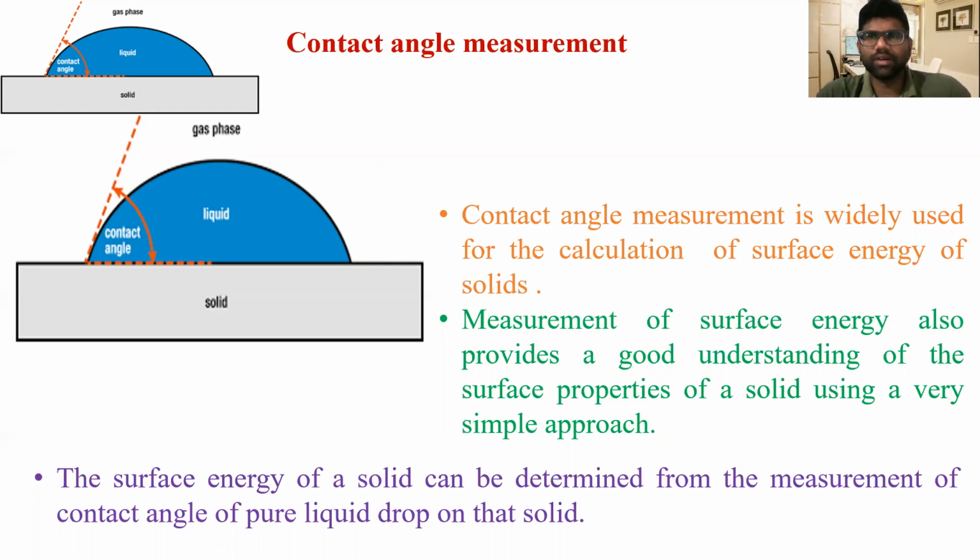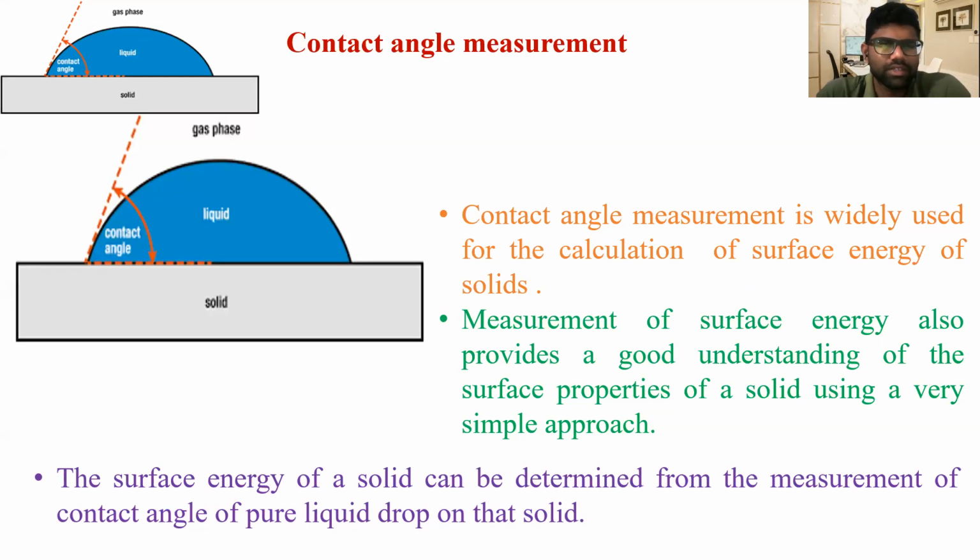Contact angle is widely used for the calculation of surface energy of solids, and it provides a good understanding of surface properties of the solid by using this simple approach. Surface energy of a solid can be determined from the measurement of contact angle of a pure liquid drop on the solid.